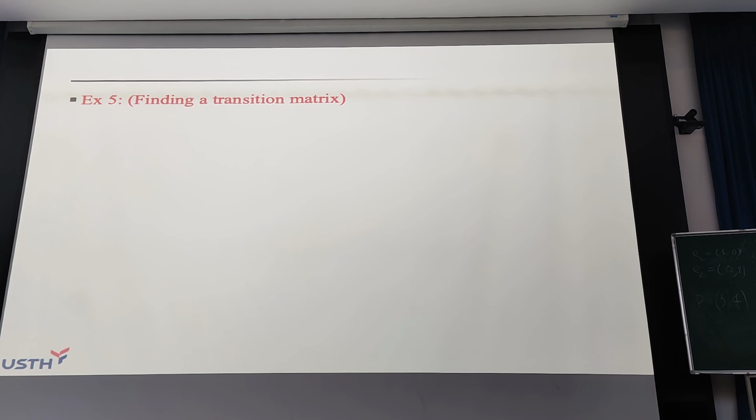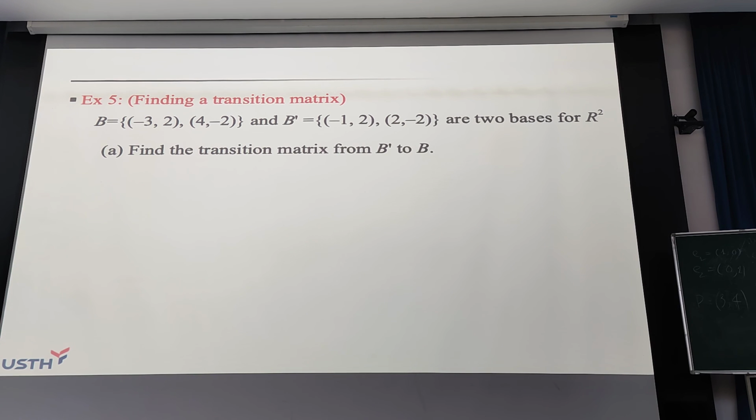And here is an example. Suppose that you are given B to be that and B prime to be that. These are two bases for R2. Then what are we going to do now? First, you are required to find the transition matrix from B prime to B. And then, if you are given the coordinate of v relative to B prime to be (1, 2), you are required to find the coordinate of v relative to B. How to do it?